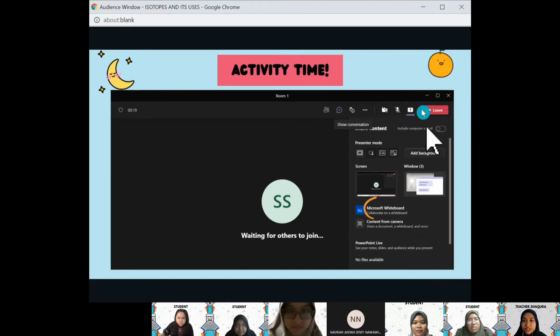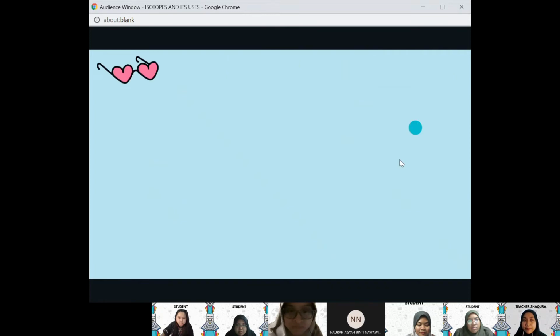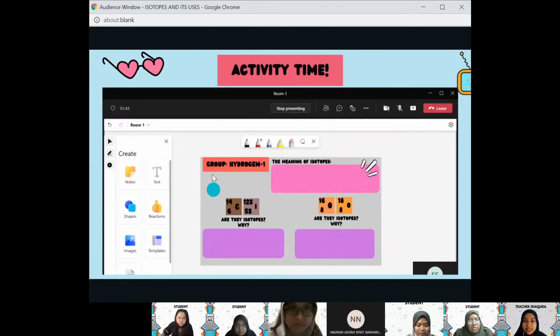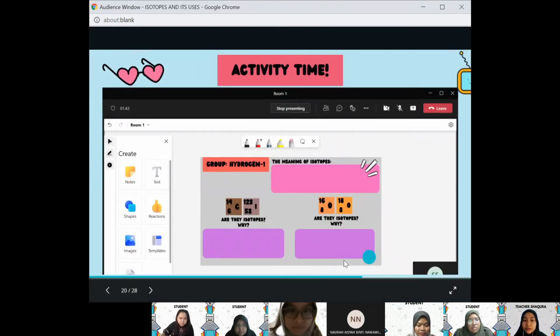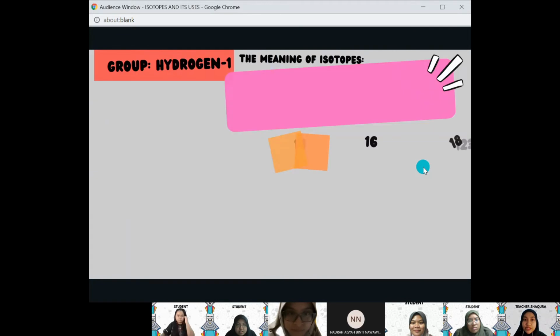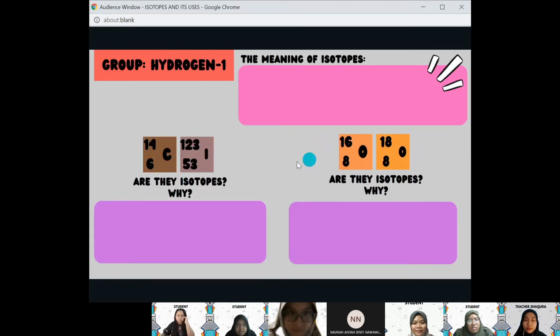You can click on the share button on top, and then you choose Microsoft Whiteboard. Then you can paste the task on the whiteboard for you to do it together, okay? For group 1, hydrogen 1, your task is you have to give the meaning of isotope and answer these 2 questions.